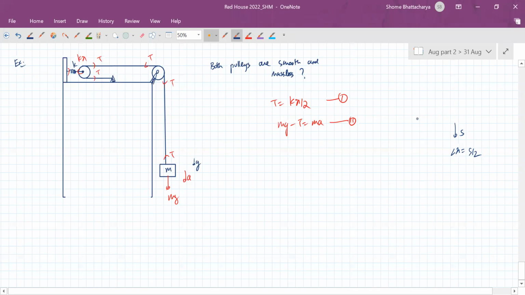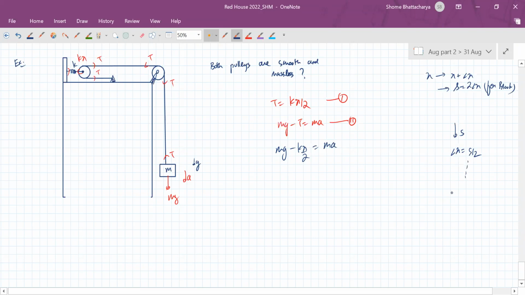If the spring stretches from x to x plus delta x, then the block will move down by 2 delta x, so s is equal to 2 delta x of the block. So here, you can see that mg minus kx by 2 is equal to ma.